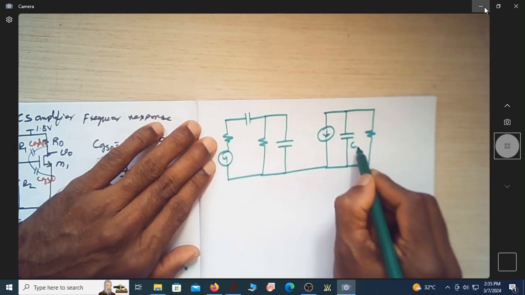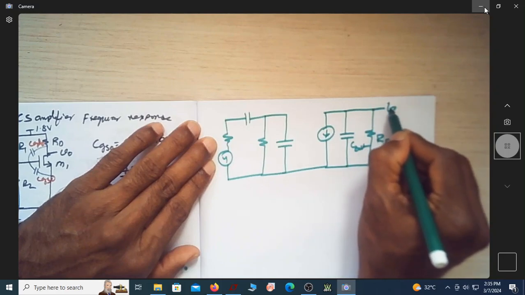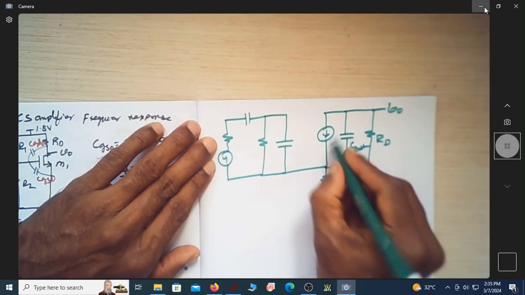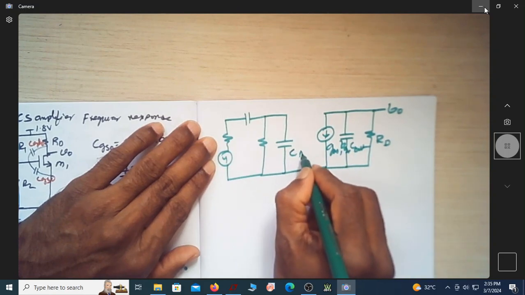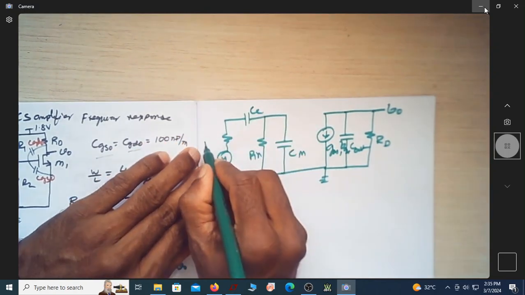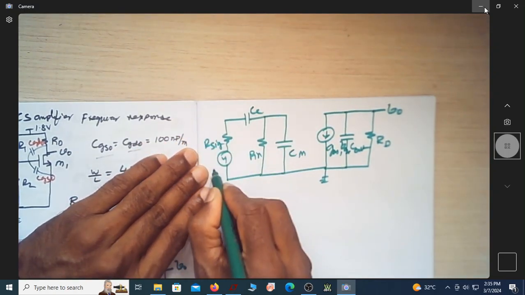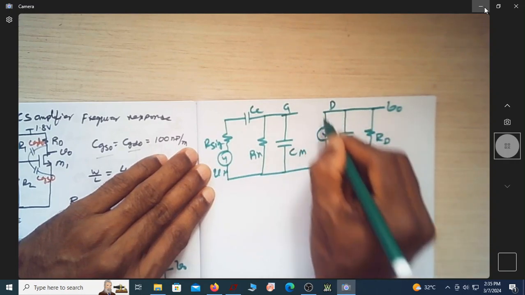This is C out, this is RD, this is V0, ground, gm1 into VGS, C in, R in, CC, R signal, V in, this is gate, drain, source.